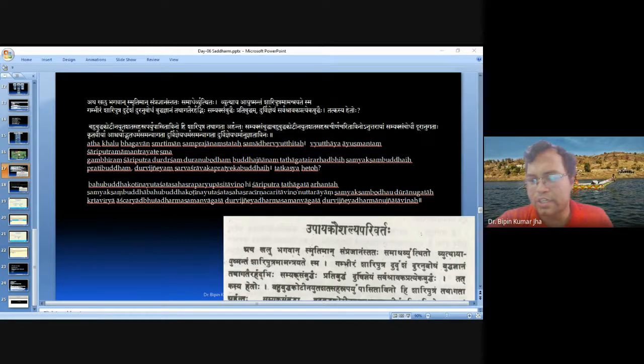Then I am closing the session today, and next day we will try to see some shlokas from the same text, the Saddharmapundarika Sutra, because I will try to give some examples of hybrid Sanskrit from this text and this chapter only. It will be very interesting for you to see how we can study hybrid Sanskrit, because normally we are reading either in Sanskrit or in Pali or in different languages.